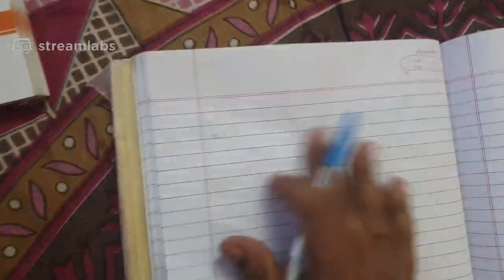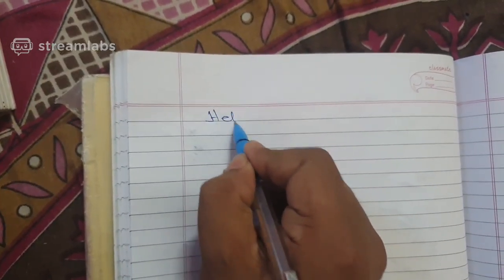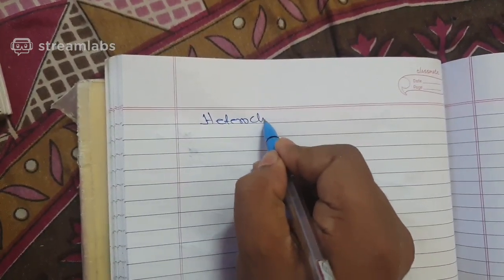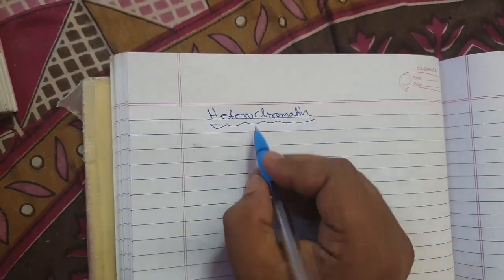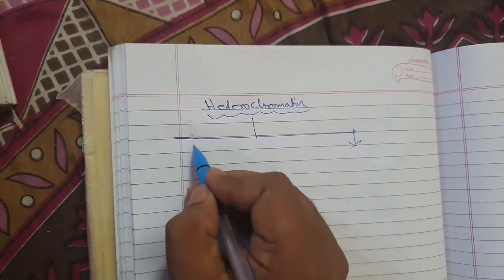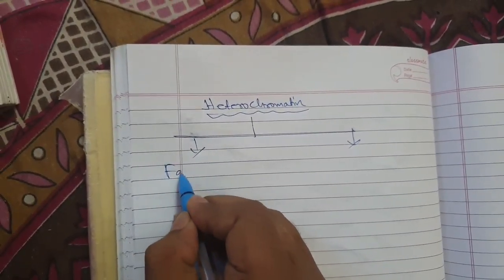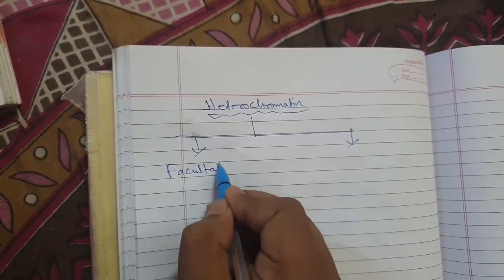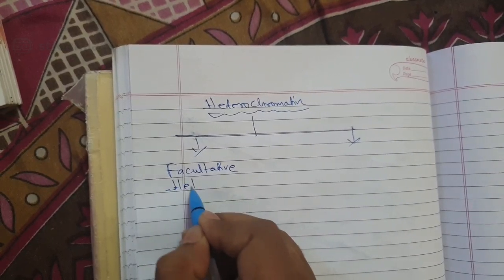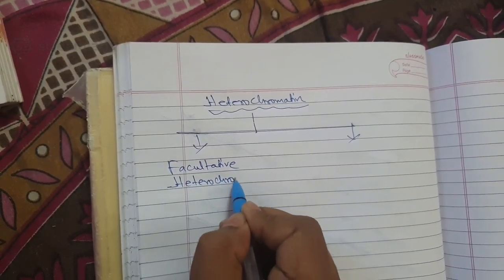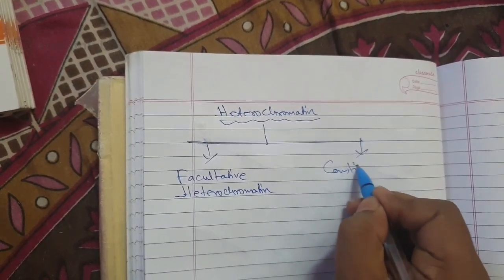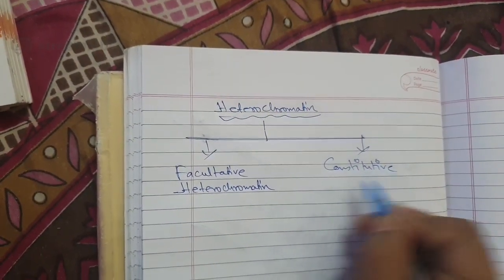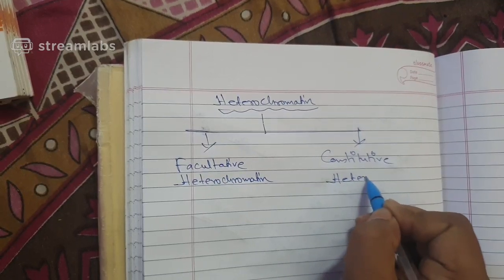that heterochromatin are again of two types: the facultative heterochromatin and the constitutive heterochromatin.